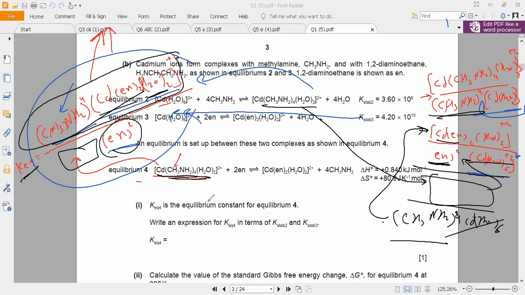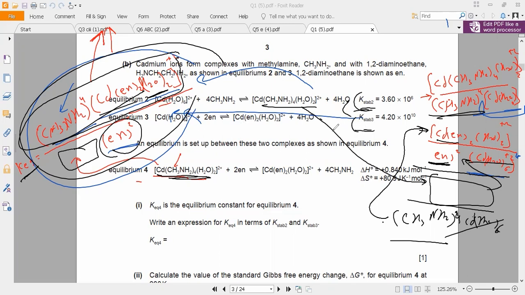I hope you know what I did. If you try to do it in an organized way in your copybook, you will end up, if you divide K stab 3 by 2, with this thing exactly. So the correct answer here is dividing K stab 3 by 2. If it doesn't work, divide 2 by 3.